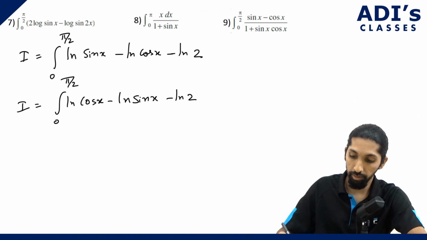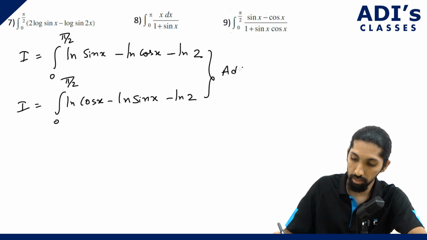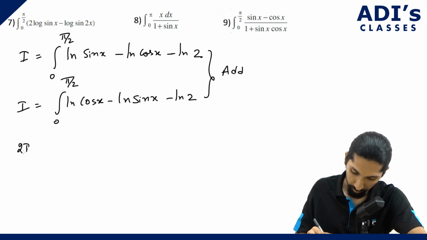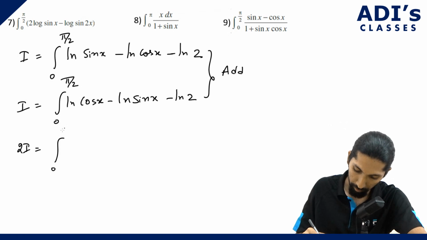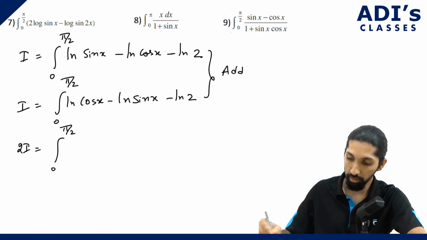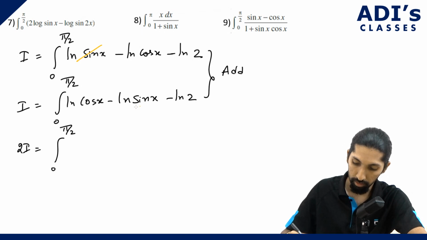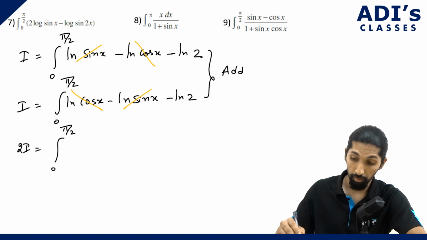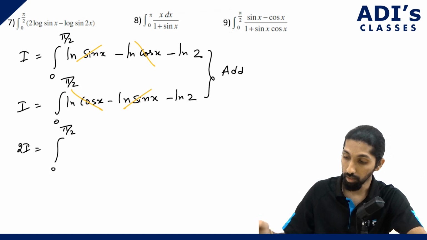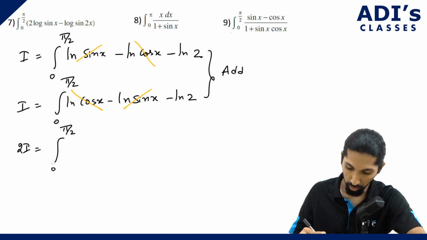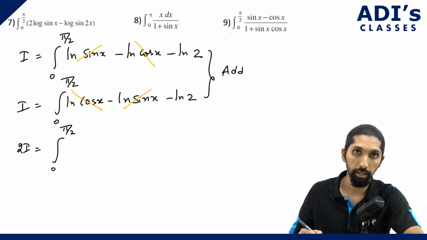Now what do we do? We add these two equations. So LHS is going to become 2I, 0 to pi by 2. See, when you add both of them, look at the terms. Log of sin x cancels. Log of cos x and log of cos x cancels, correct? Remember when you add both of them. So now what do you get? You're going to get minus log 2 minus log 2, correct?